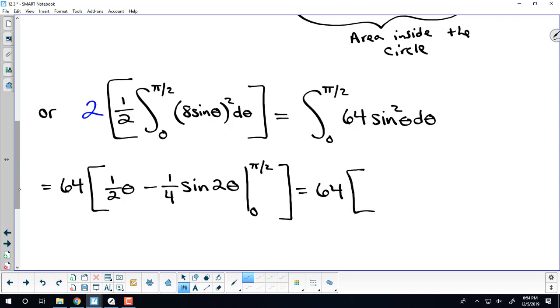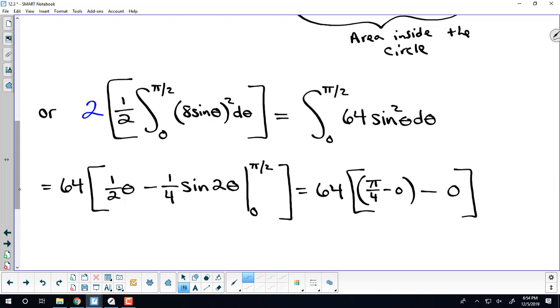So pi over 2, let's see, let me just check that, that's 1/2, 1 minus cosine of 2 theta. Okay, yeah, so pi over 2 in for theta, we've got pi over 4 minus 1/4 sine of pi, so that's 0, minus 0.